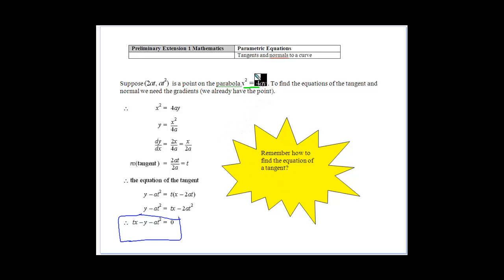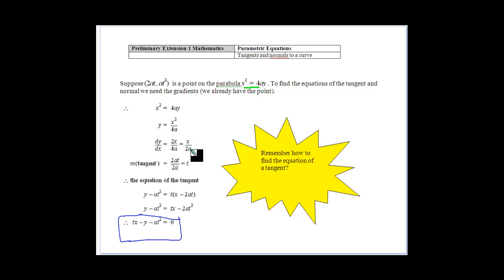Now, how do we find the gradient? Well, seeing we've got the equation of the parabola, we need to find the derivative. So we can find the gradient function and then find the gradient at our point (2at, at²), where the parameter is t. When y is equal to x²/4a, because we've rearranged it, we get the derivative 2x/4a, because we're differentiating with respect to x, not a, because a is a constant.